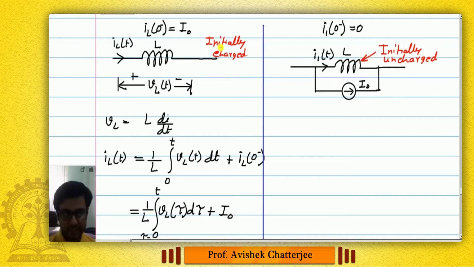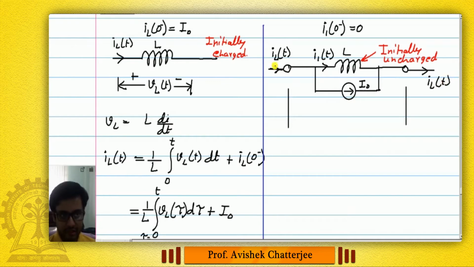That is one difference. Another difference, this circuit has a current source in parallel, this does not. Now I will call this current IL(t), which is also the same as this current IL(t). And this voltage from here to here as VL(t), plus on this side, minus on this side.